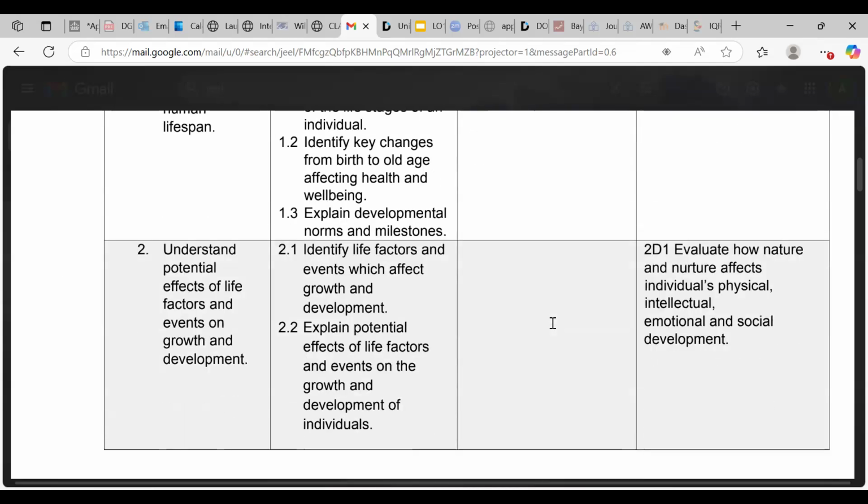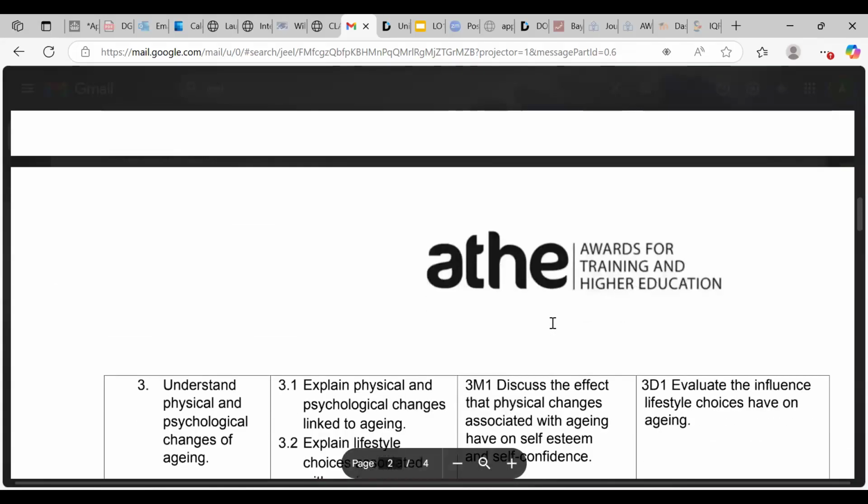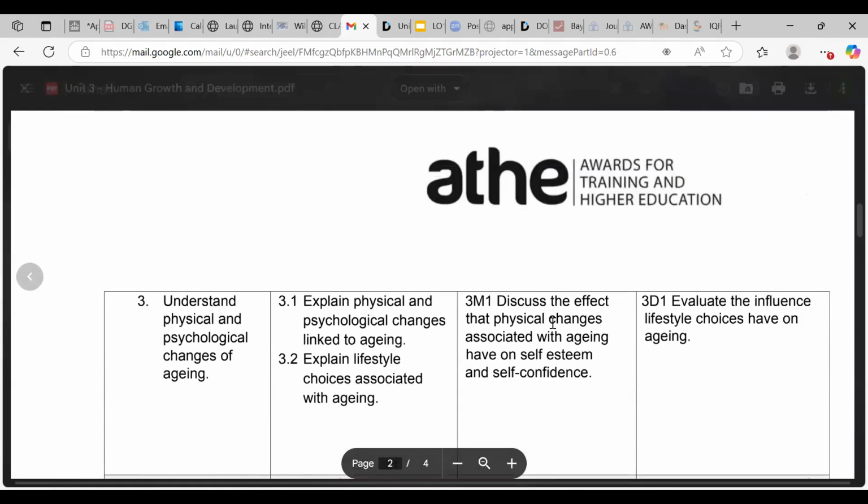Then the next learning outcome is to understand the potential effects of life factors and events on growth and development. So how does each factor have an impact? We'll talk about different life factors and how they impact your growth and your development. We'll go into details later on. These are individual sessions that we will discuss.